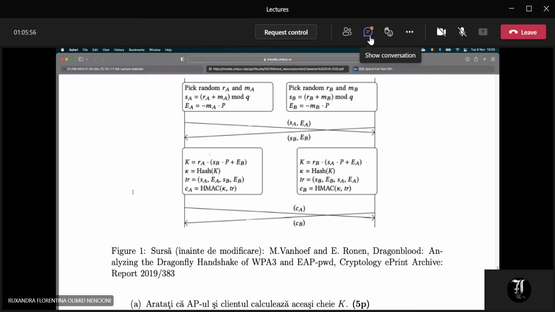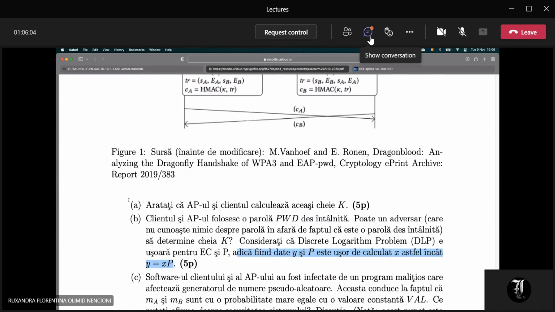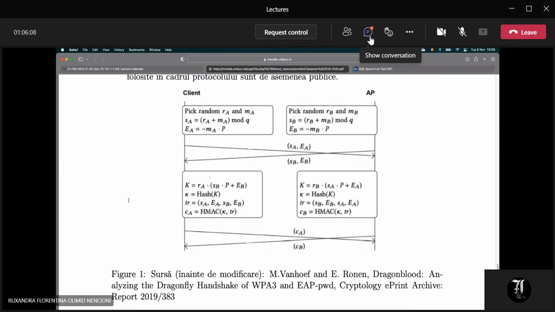So we consider the discrete logarithm problem to be easy. And then you know that the password is derived from a weak key. The question is, can you determine the key K? Maybe it's not so easy to see before doing the math.